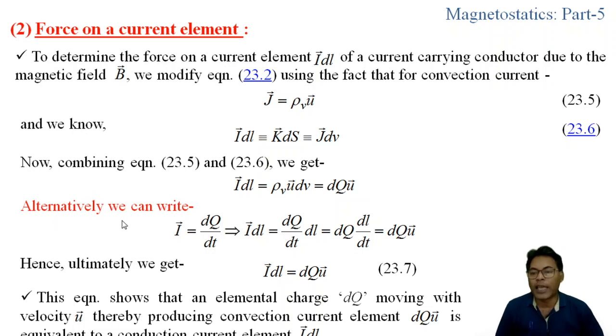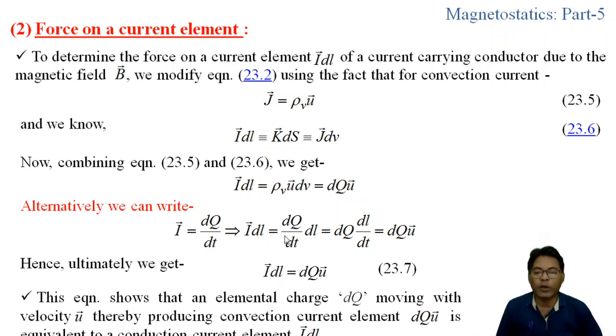How? Alternatively, according to the definition of the current, I equals dq/dt. Now if we multiply both sides of this equation by dl, it will be I dl equals dq/dt into dl.